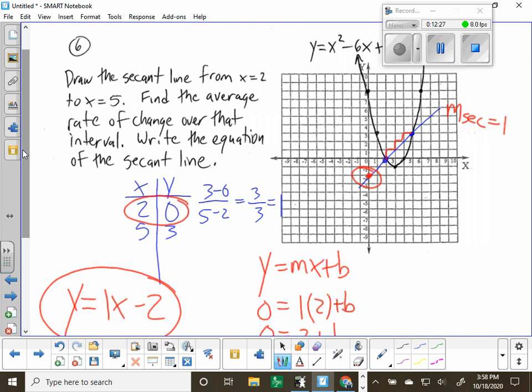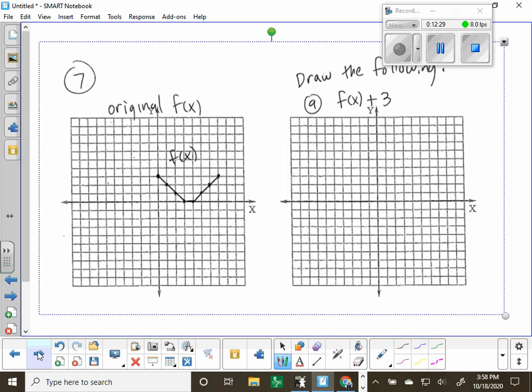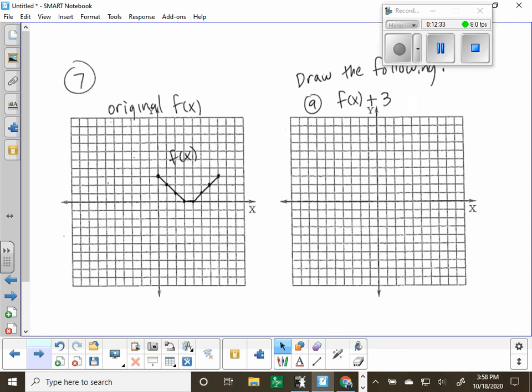Okay, number 7, we have to do these drawings. The first one, you can't type these into the calculator. So the first thing that you have to do is make the whole thing do this right here. And what does this say? Make the whole function go up 3. So what I do is I just find the points right here. I'm going to use this point first, and that would be 0, 3.